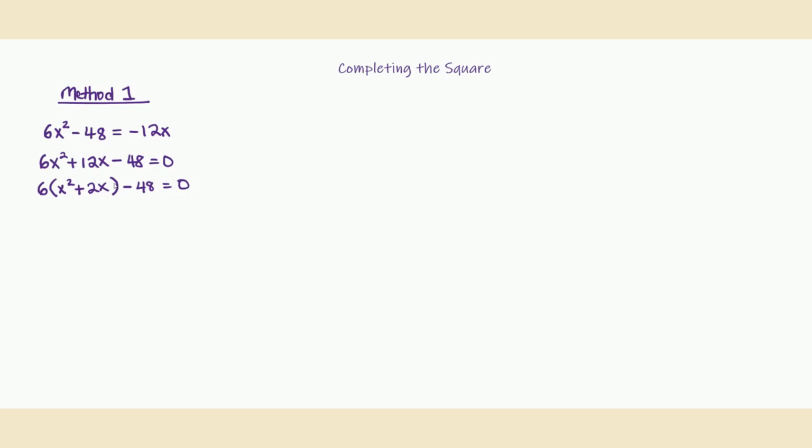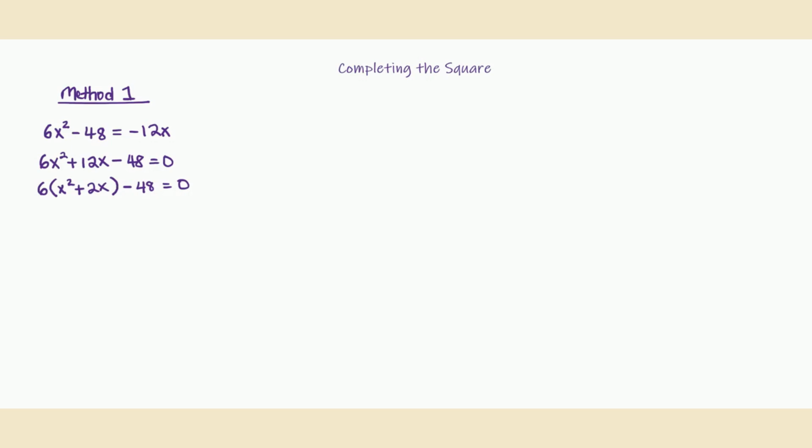Now the reason why we do not need to factor the third term, even though we can factor the 6 from the entire expression, is because we only need the first two in order to complete the square, and then we will figure out the rest later.